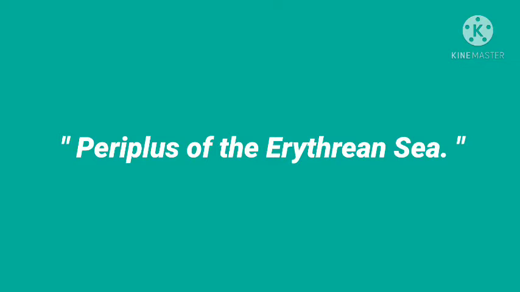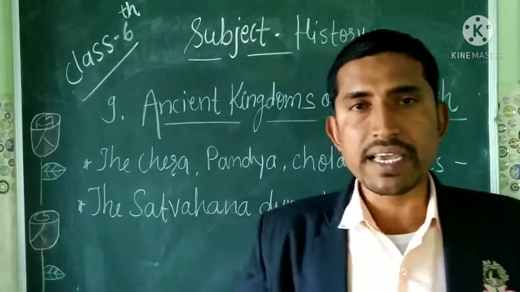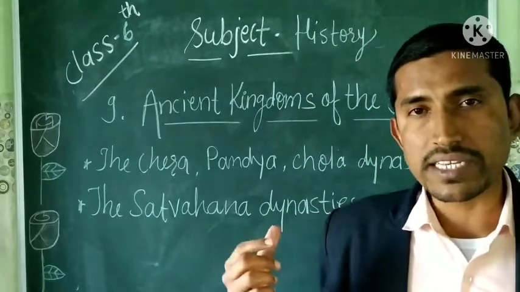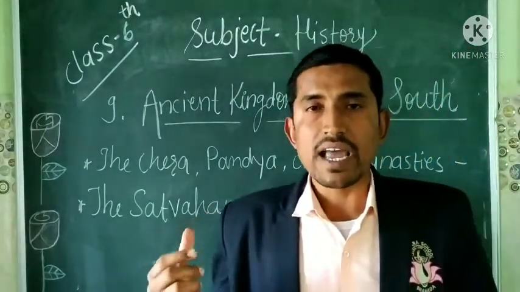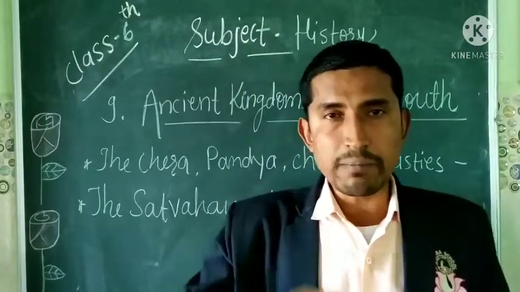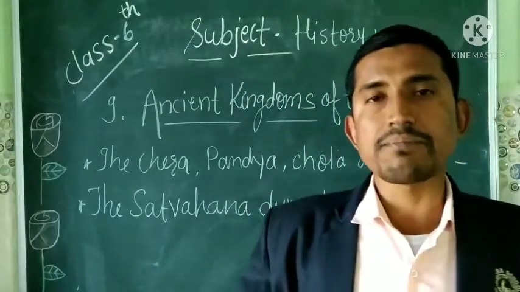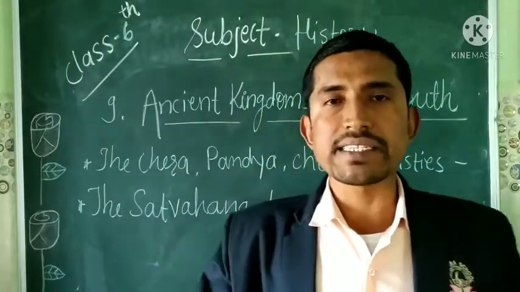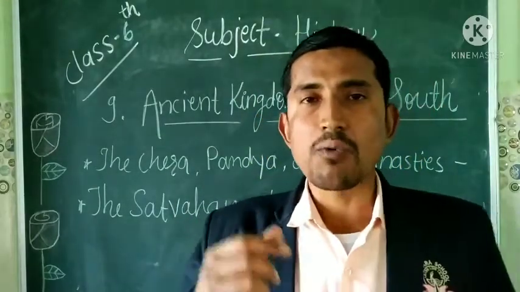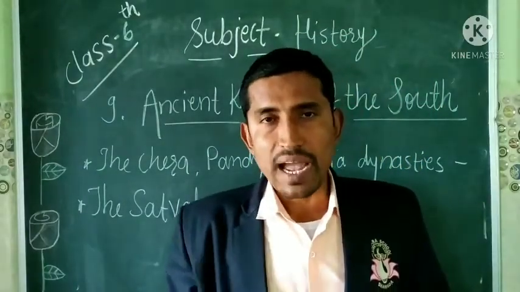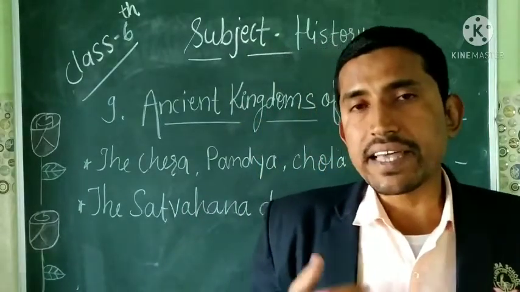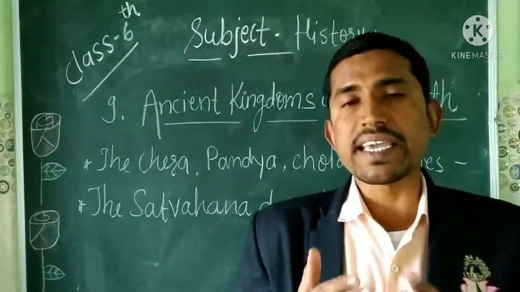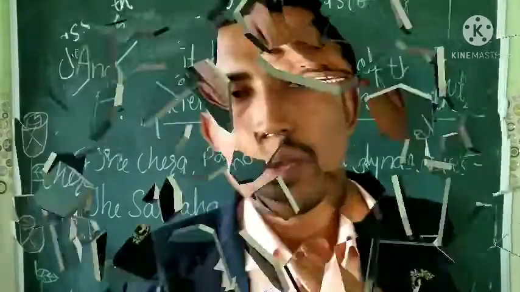In this book also there is a mention of these 3 dynasties. Not only that, they are also mentioned in the Sangham literature, which is the famous literature of South India. By this we can understand the importance of these 3 ancient dynasties of South India.